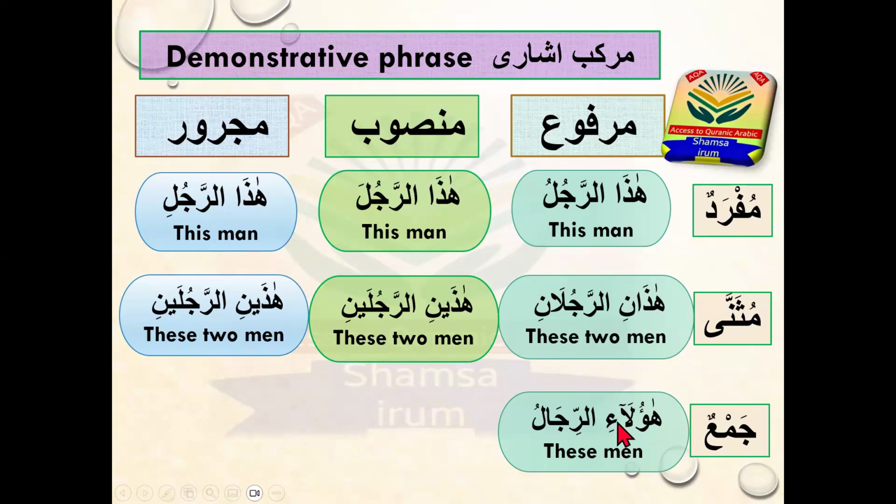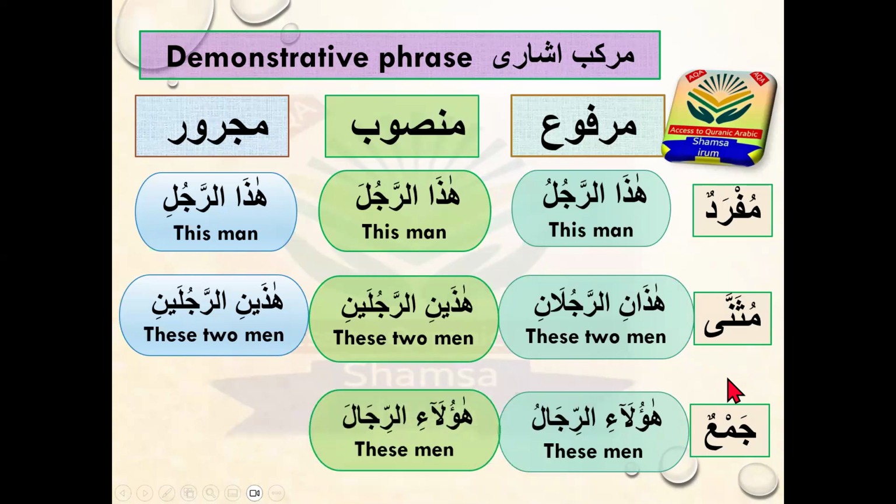If I ask you what's the irab here for haula'i, I hope you will say haula'i here is marfu, because musharun ilayh is marfu. And how do you know it is marfu? Because it ends on dhamma. So the whole murakkab is marfu here. For the mansub, haula'i ar-rijala.